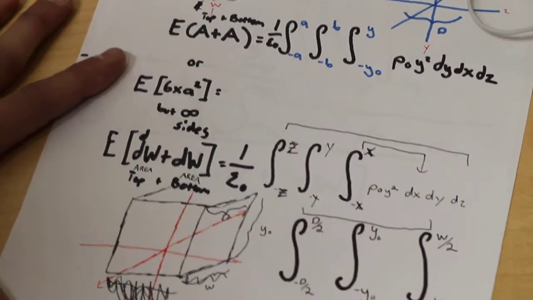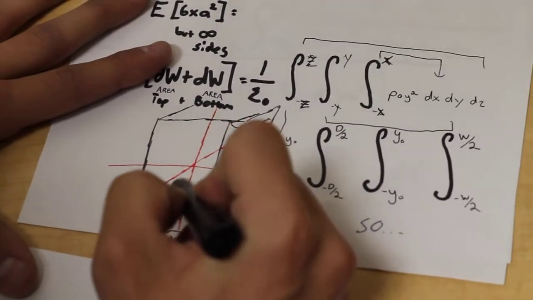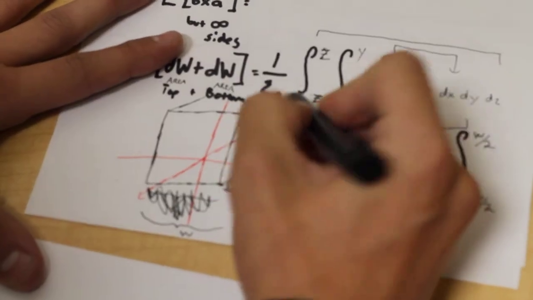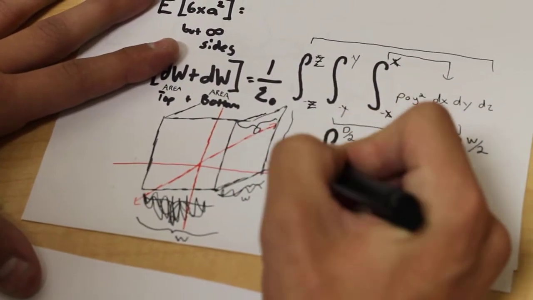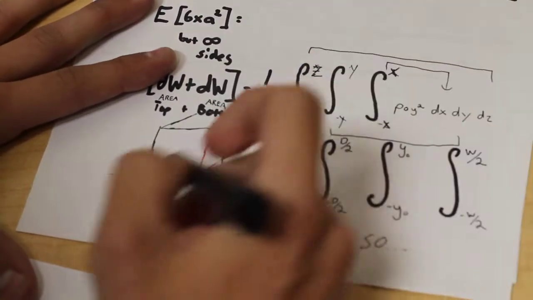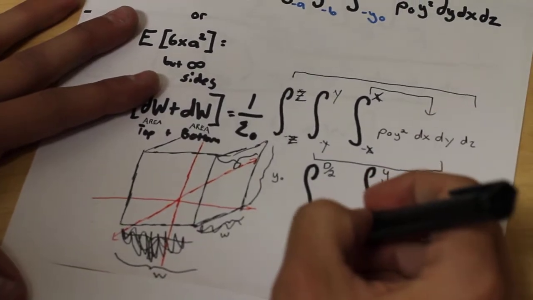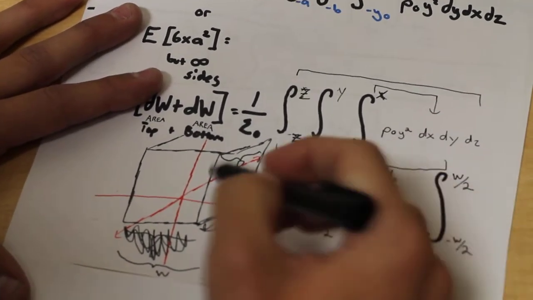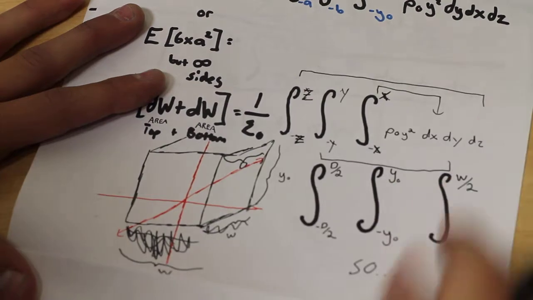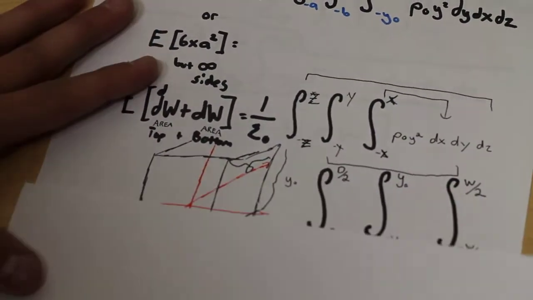So I redrew a picture here, so we have y coming this way, d going this way, and our y naught going up and down with respect to the axes, as you can see in the red lines. We're going to use negative d over 2 to d over 2 and negative w over 2 to w over 2, because if we use the full values, it'll just cancel out.